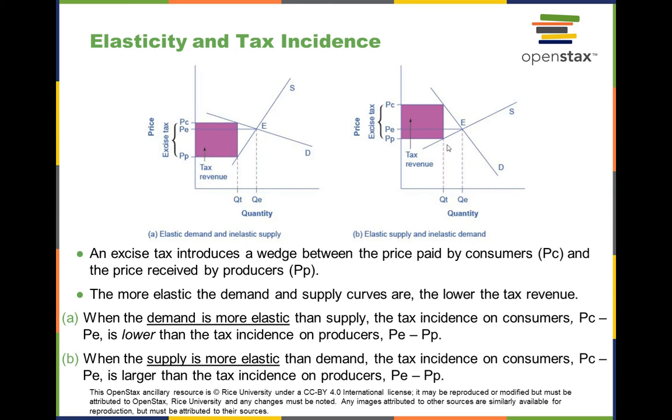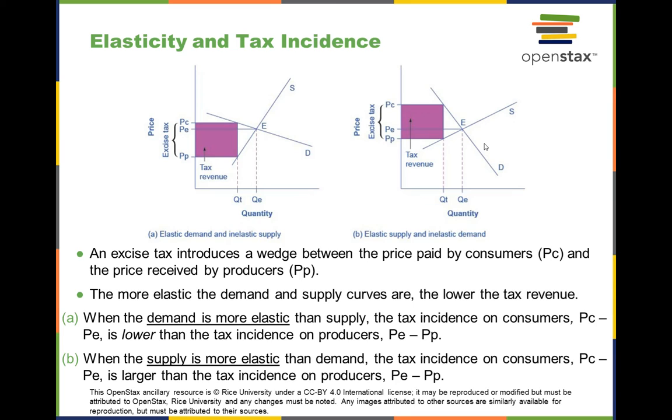Yes. In this case, yes. So they have elastic supply. But in this case, notice that the tax wedge is virtually going to be the same size. So the tax revenue still isn't going to be that big as long as there is elasticity in either the demand or the supply of the product. When will the tax revenue be greatest? Obviously, if both supply and demand are inelastic.